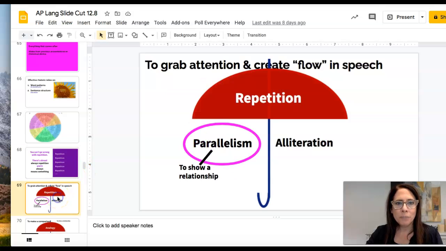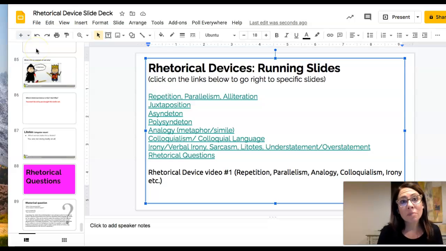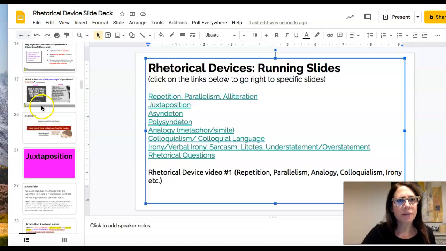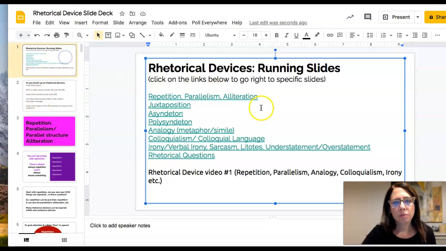So repetition, and here if you think about this umbrella, the two main stems of repetition would be, so I realize with parallelism, I already have a video. It's rhetorical device video number 1. If you're looking at the slideshow that I made for you with all the rhetorical devices, the very first slide is a list of all of the rhetorical devices that we have thus far.